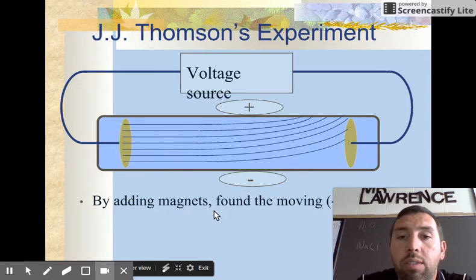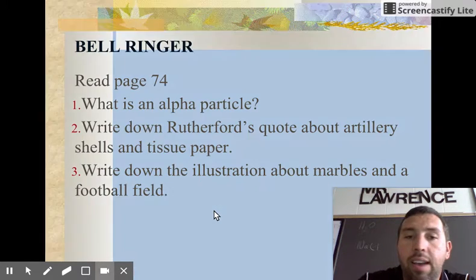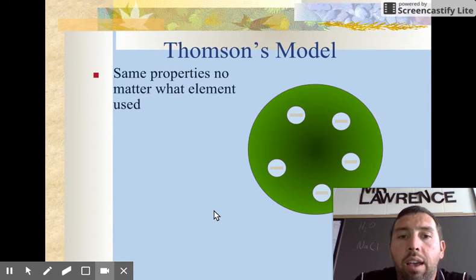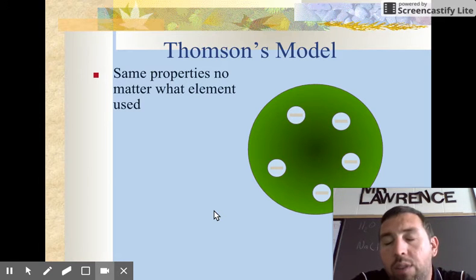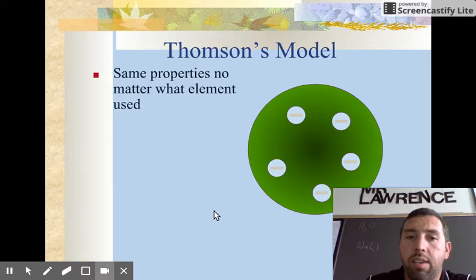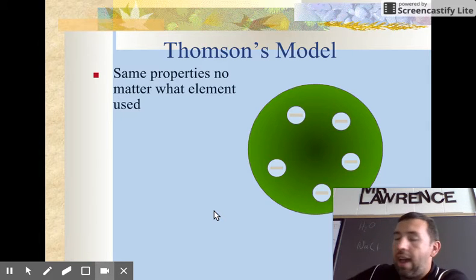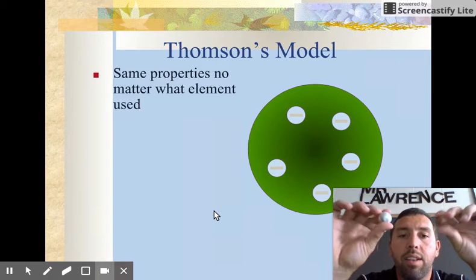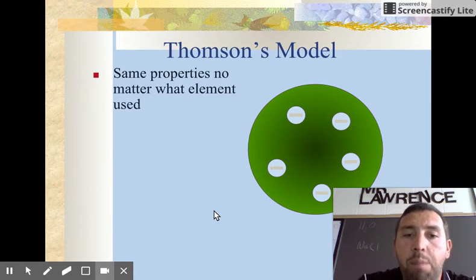And so we now see that there is this idea that inside our atom, we have something with a negative charge. And because of that, you'll see here in a second, we have to have something with a positive charge. So here's what Thomson realized, that no matter what element you had, whether you had copper or aluminum, they both existed and they both had the same properties.